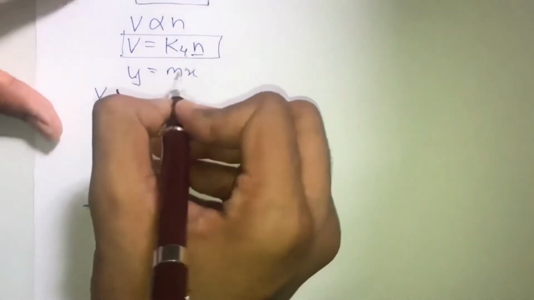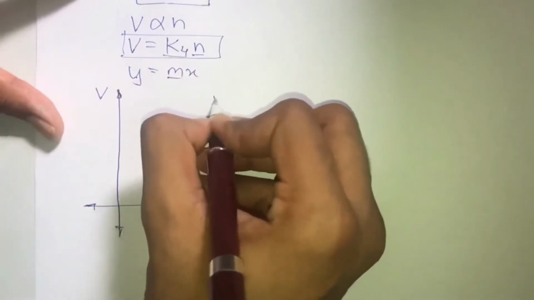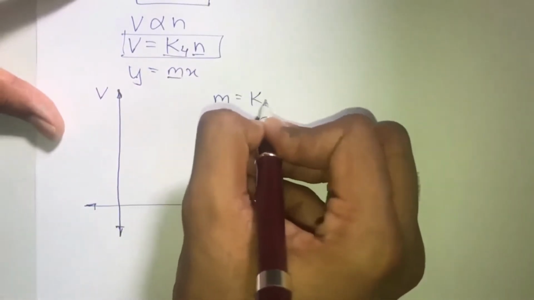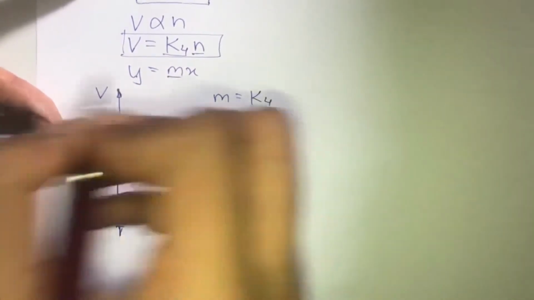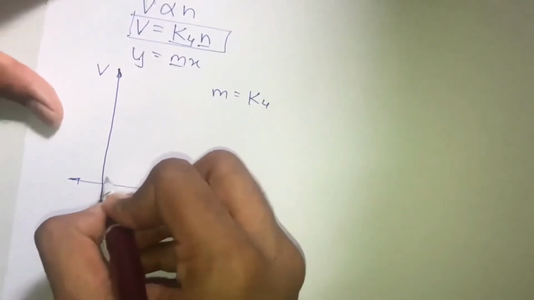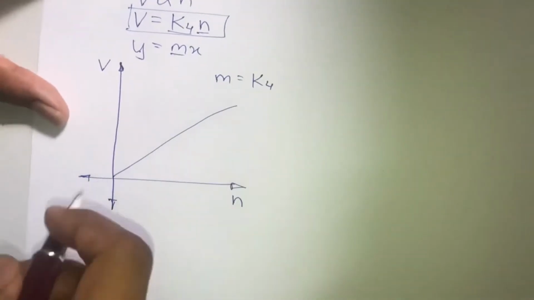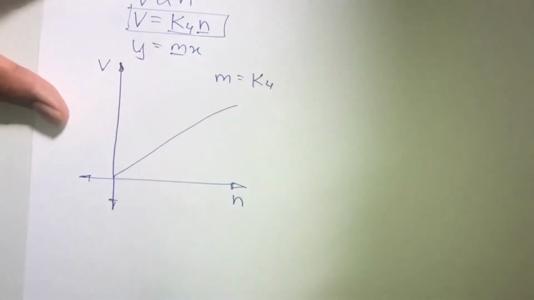Okay, and here the slope of the line m is nothing but k4. So the slope of the line is nothing but our constant k4, and as we all know, the line is going to pass through the origin.